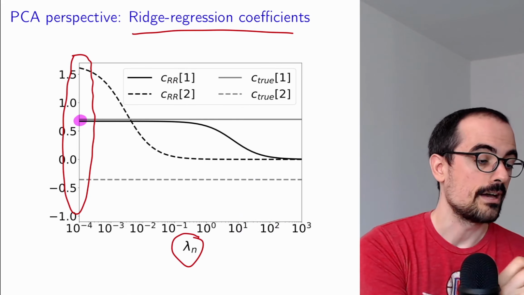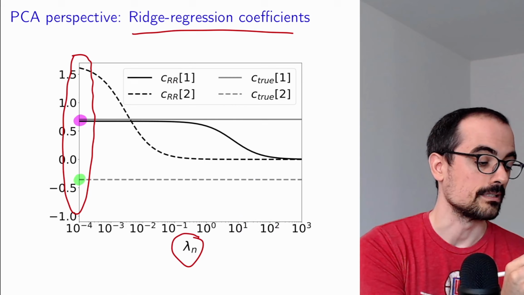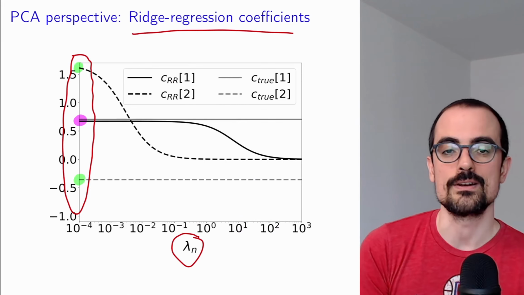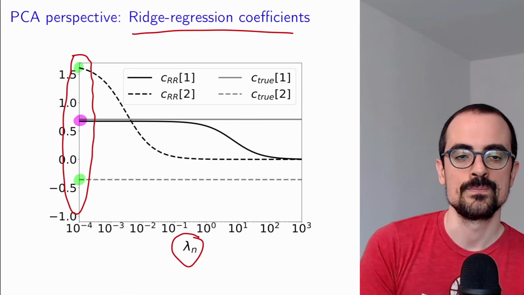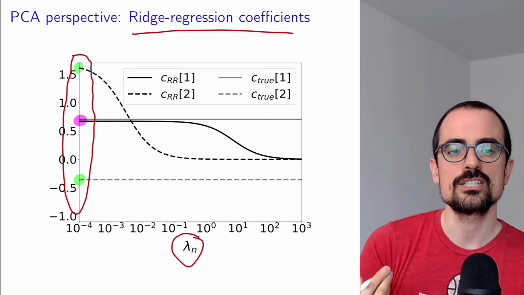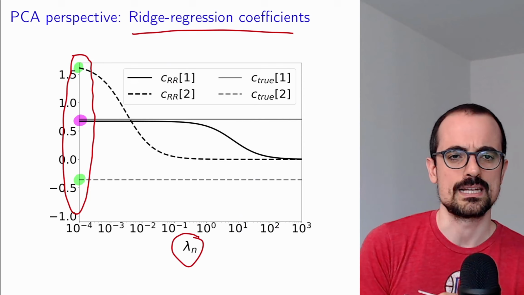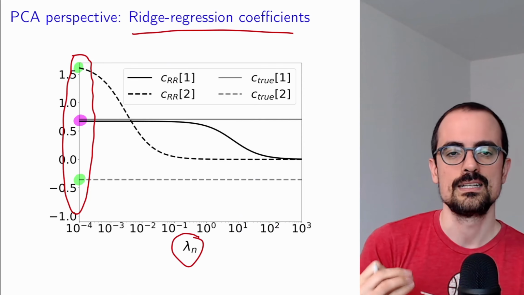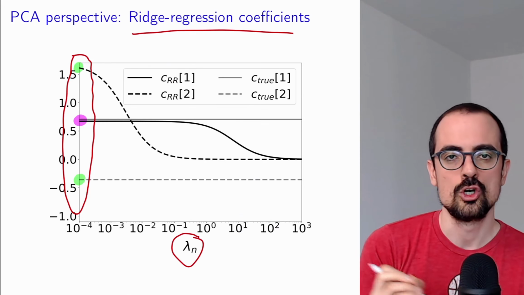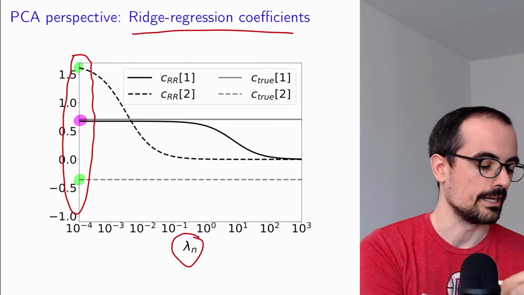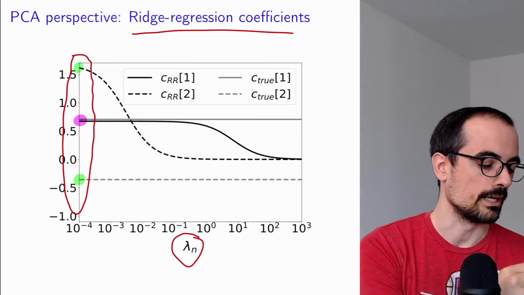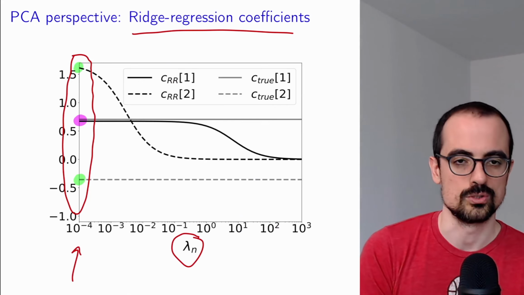But in the other direction, this is completely bananas, as we saw, because there's very little sample variance in that direction, there's this crazy noise amplification that completely distorts that amplitude of the OLS coefficients. And here, the ridge regression coefficients are equal to the OLS coefficients because lambda is so small.